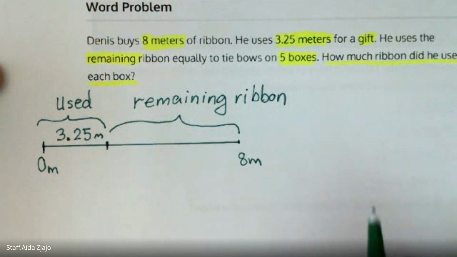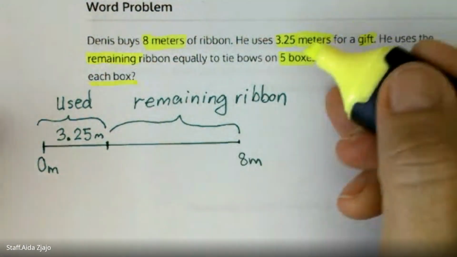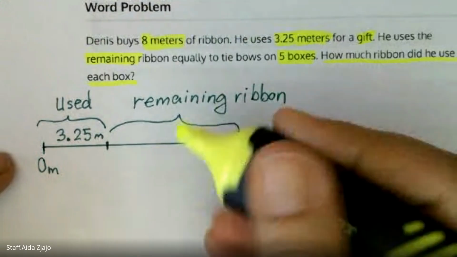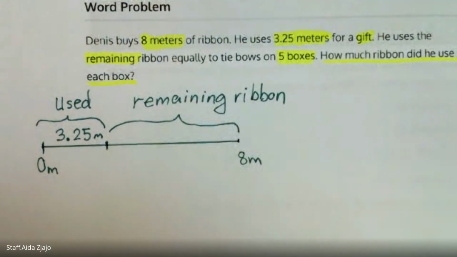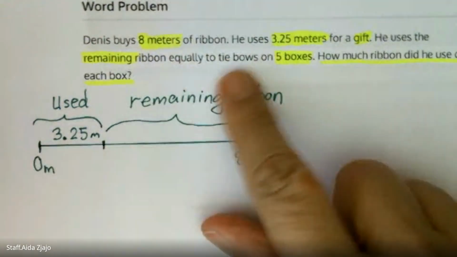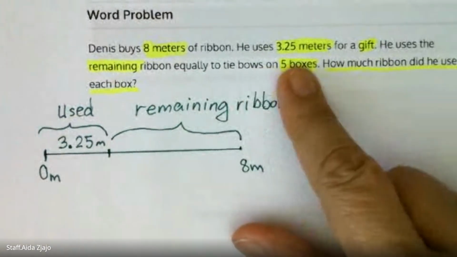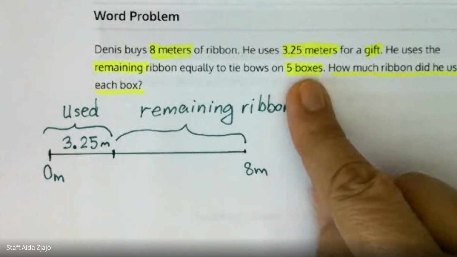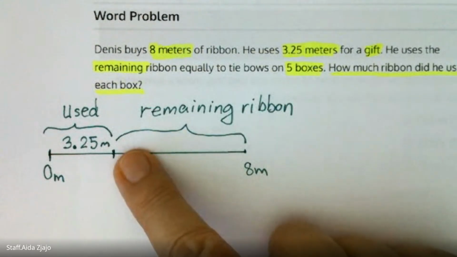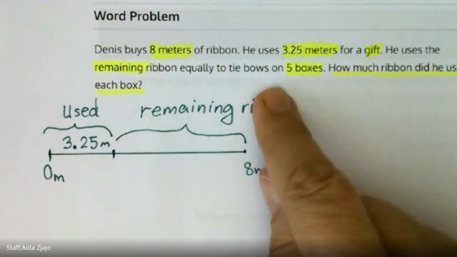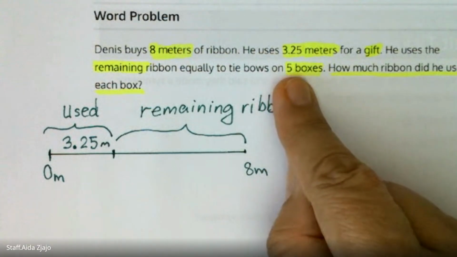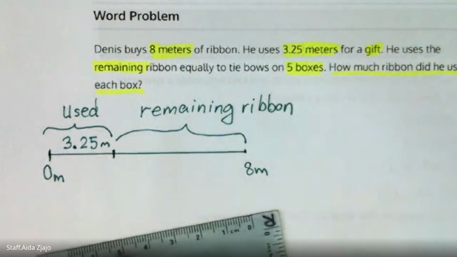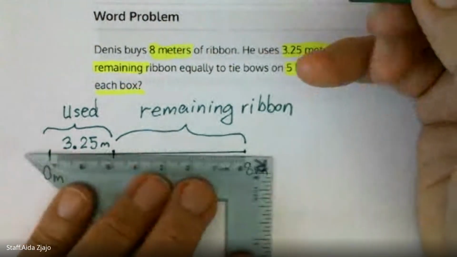Now they say that he is going to use this remaining ribbon equally to tie boxes, and he will tie 5 boxes. What that means is that this remaining part he needs to cut into 5 equal pieces, and each will represent 1 box.